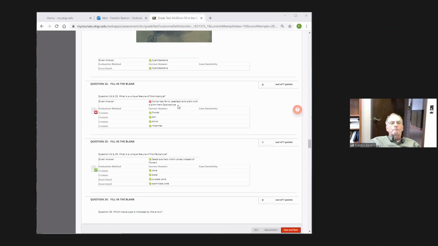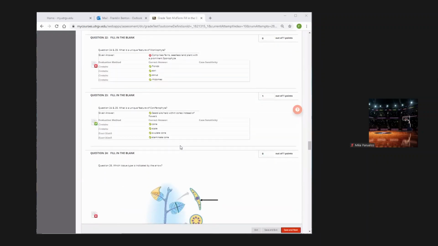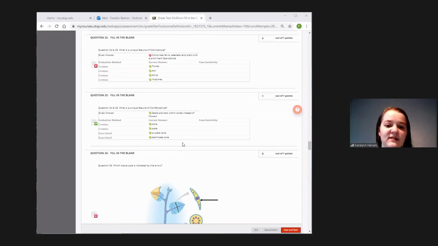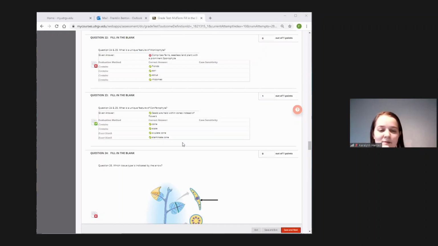Tell you what you do. Find me a place where it's listed like that. Take a screenshot and send it to me. Got it. For 23, I put cones with an S. Okay. I just wrote down here to check whether or not plural is anything or not.